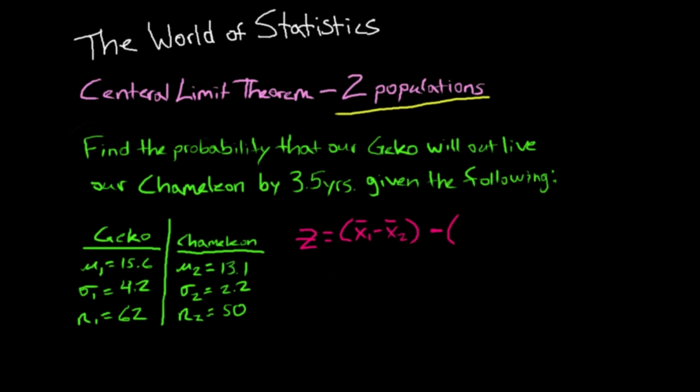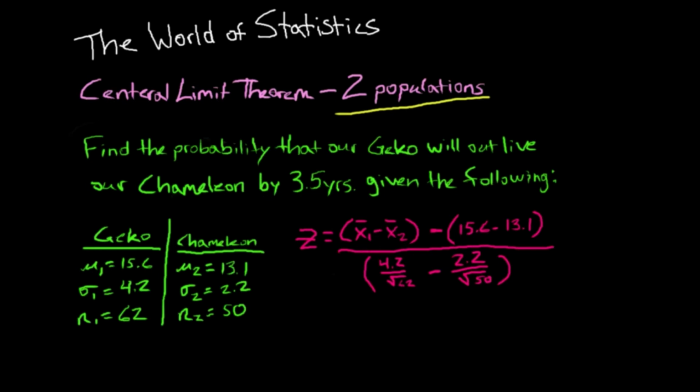So we're going to have 15.6 minus 13.1, and then we divide by 4.2 over the square root of 62 minus 2.2 over the square root of 50. So that's how we start off writing down what we are given in the question.